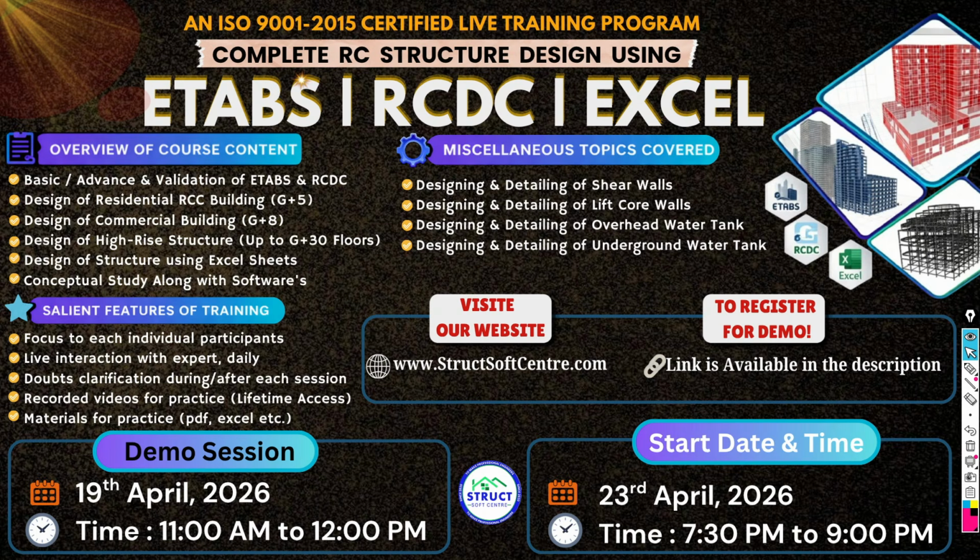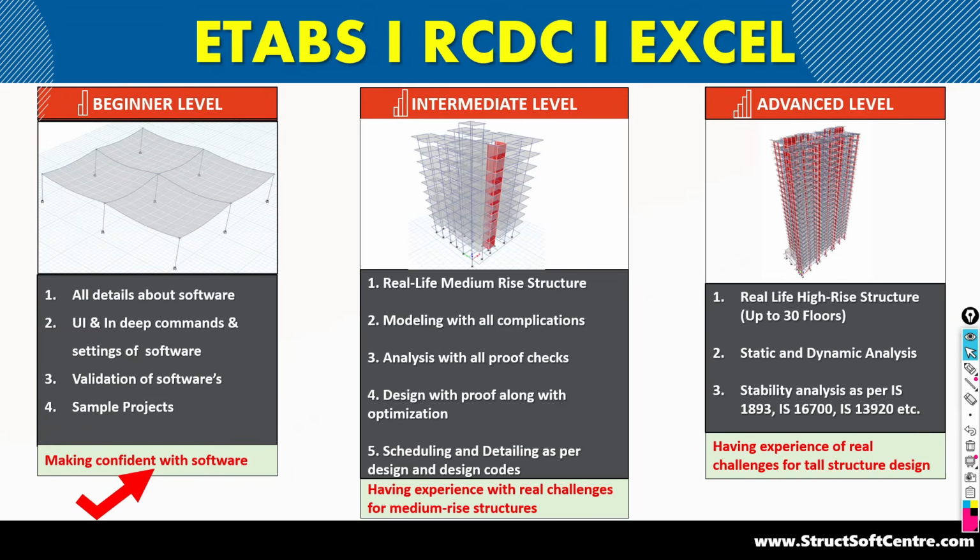But before that, it is important to go deep into the content of this training program, what we are actually going to cover. This training program consists of 3 levels: beginner level, intermediate level and advanced level. At this point people get confused that these are three trainings.